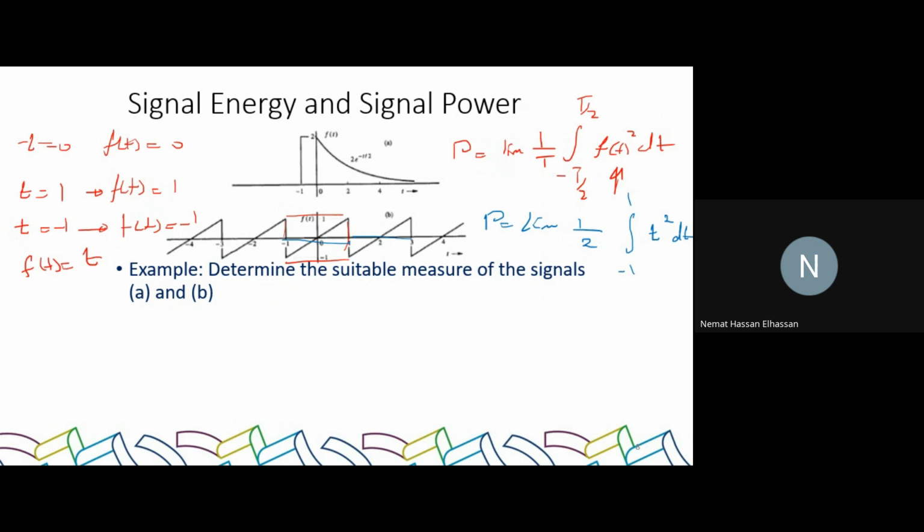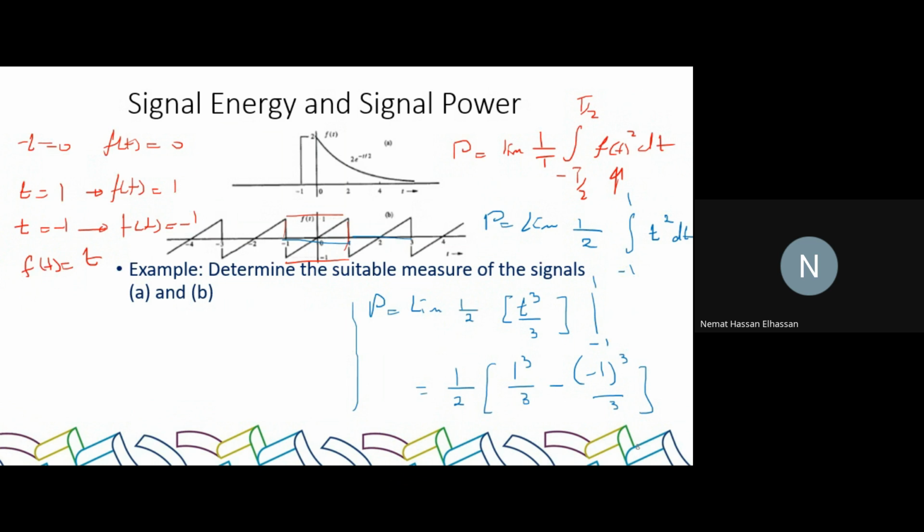Therefore, the power is equal to the limit of 1 over 2 of, what is the integral of t squared? t cubed over 3. Yes, you do that. Good that you remember. And the limits are from minus 1 to 1. So we substitute. It becomes 1 cubed over 3 minus negative 1 cubed over 3, times 1 over 2.